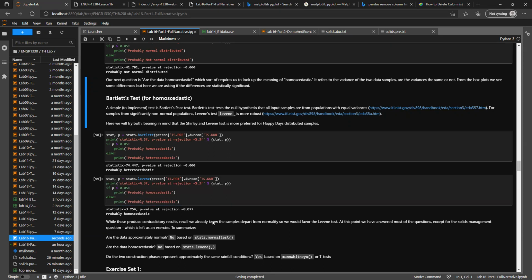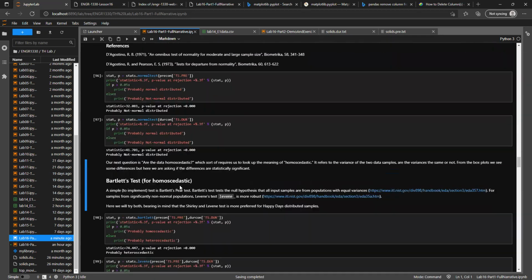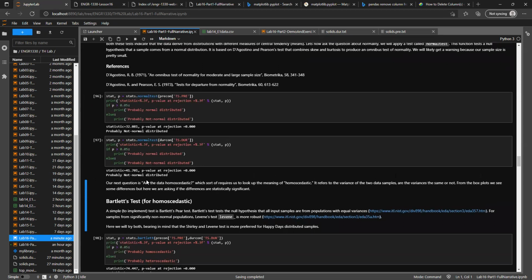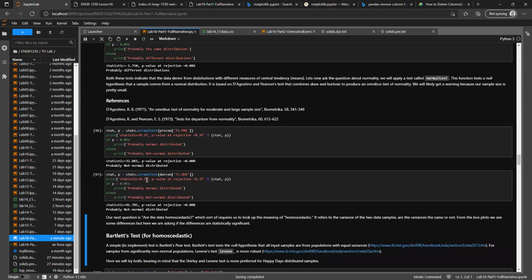And as Dr. Cleveland's posting in the chat, there are some articles on these topics. But as you see right here, for significantly non-normal populations, you should probably be using this one more. Were our populations normal? Well, it didn't look like it. So probably not normal for the pre and probably not normal for the during.